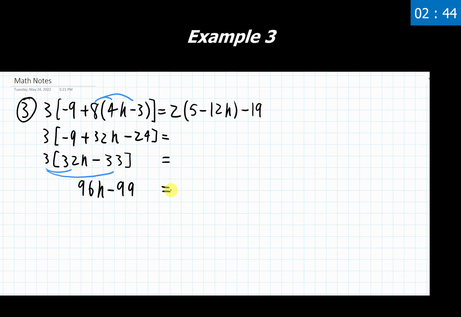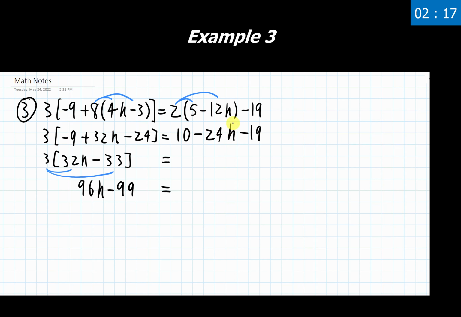So big numbers, sure, but it's still nicer to look at than what we originally had up here because this thing was kind of a mess at the beginning. So let's apply this same thinking. We want to simplify the right side down. So this 2 is going to distribute through to everything inside the set of parentheses. It's going to give me 10 minus 24h minus 19. Make that a little bit better.